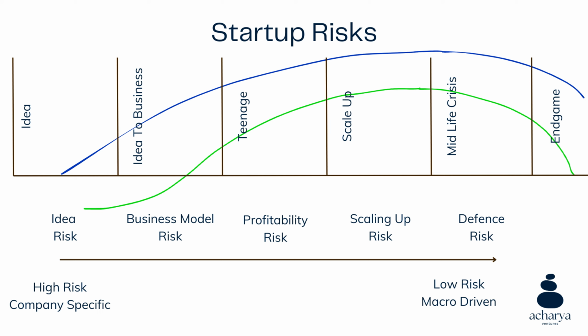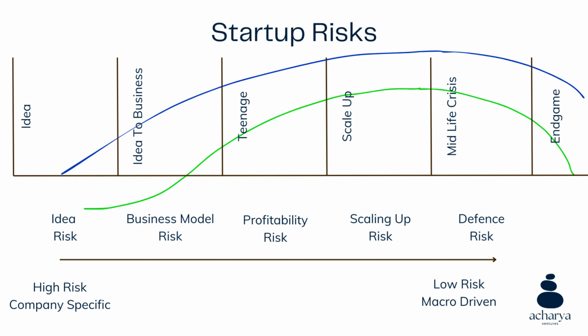The idea might or might not work. Then once you bring out your idea, create your product, put it into the market, then there is the business model risk, whether you're pricing it in the right way, whether the business model that you've selected is in itself a risky business model, a subscription-based business model versus a one-time fee, whatever it may be. So there are risks based on the business model.